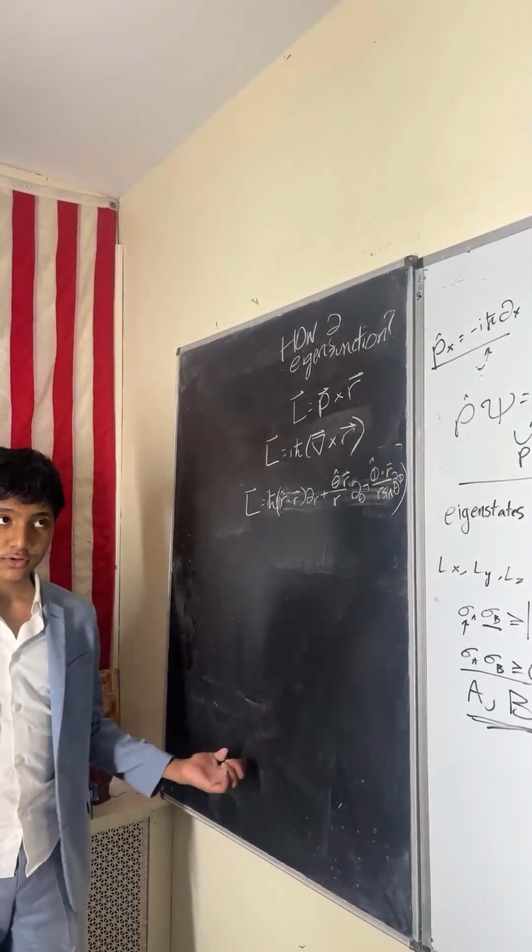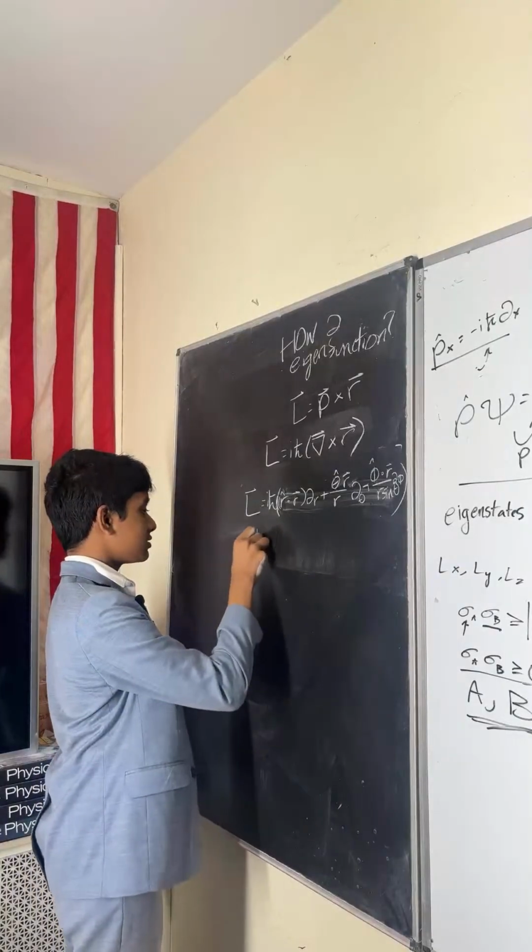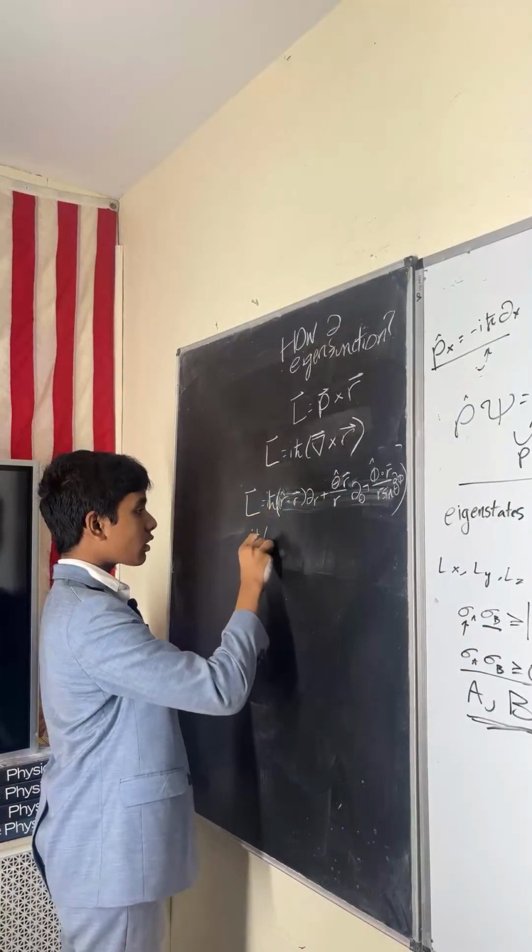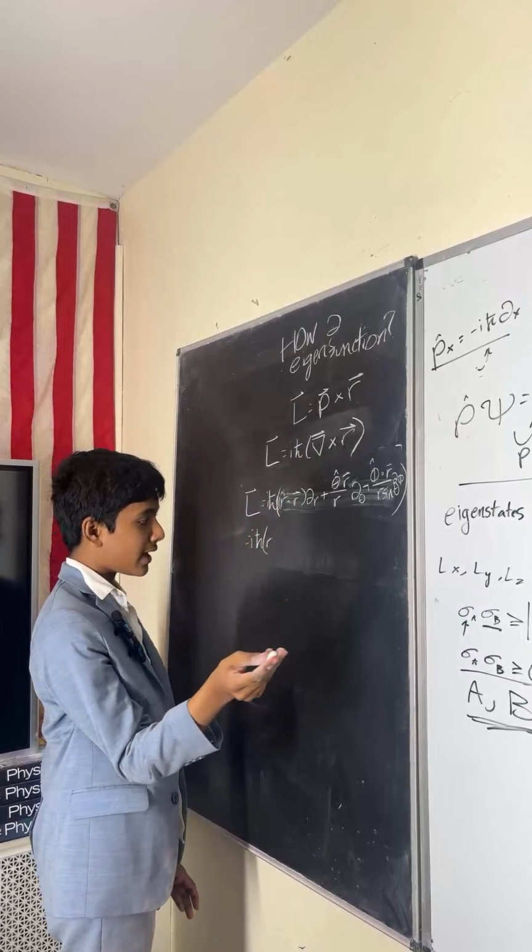Now, first things first, this is just r multiplied by r hat times r hat, which is 1.